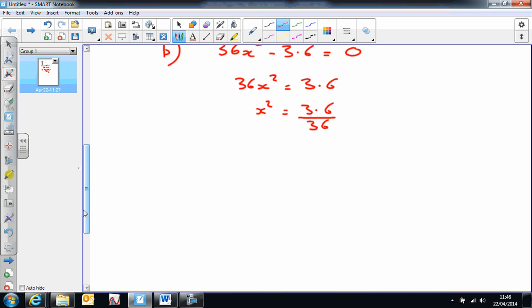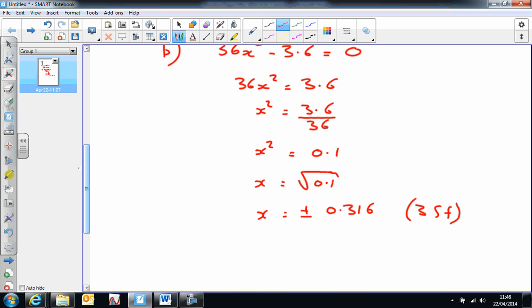And then 3.6 over 36 gives me 0.1. So x is the square root of 0.1, which is plus or minus, remember, 0.316 to 3 significant figures. So that's part B done.